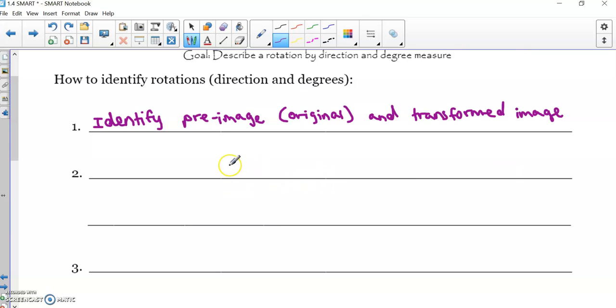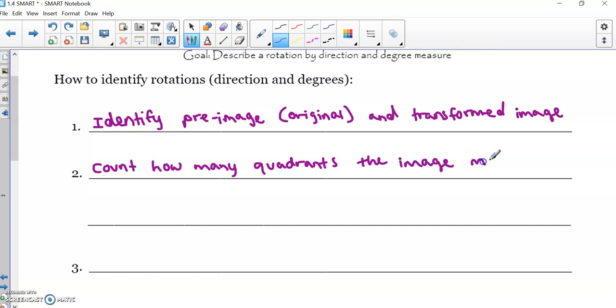All right, step two. Step two is to count how many quadrants. Now, don't panic when you hear me say this because you might be unaware of what that word means, but we will talk about it. Count how many quadrants the image moved. All right, and here's a little key.